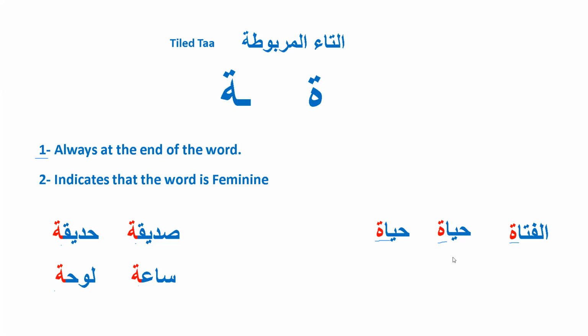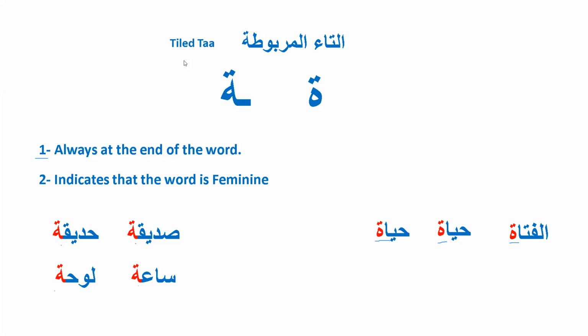Hayat means life, it's also feminine. Sadiqa means a feminine friend. Hadiqa means garden, also feminine. Sa'a and lawha: sa'a means watch and lawha means a painting. All of these words are feminine.